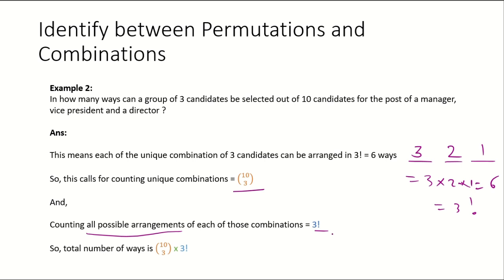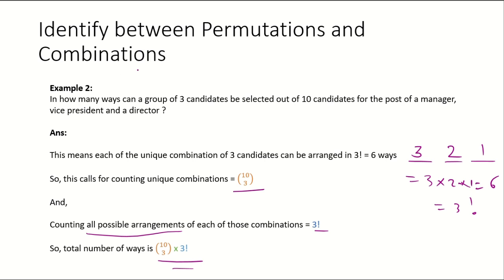So we found 3 factorial for the candidates selected A, B, and C. Similarly, we'll find the same number of arrangements for any group of 3 candidates, right? So the total number of ways in which 3 candidates can be selected for the post of manager, vice president, and the director is 10C3 times 3 factorial. This is your permutations. So notice that we are not using the formula for permutations. We're not trying to fit in anything.